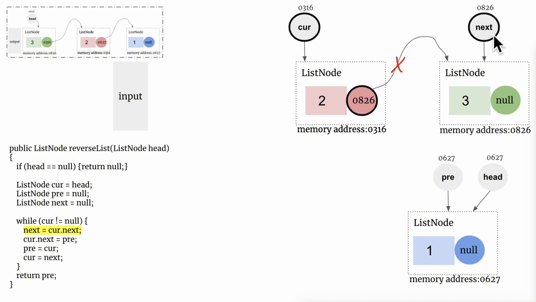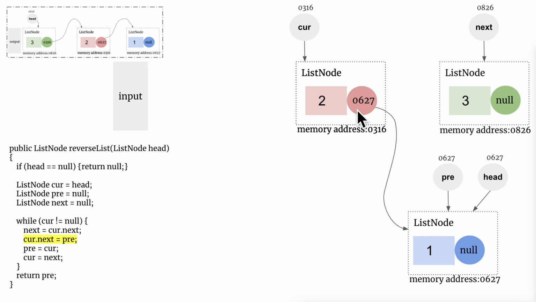Now pointer next is maintaining the current next reference, which is 0826. Pointer pre helps me update node 2's next reference from 0826 to 0627.